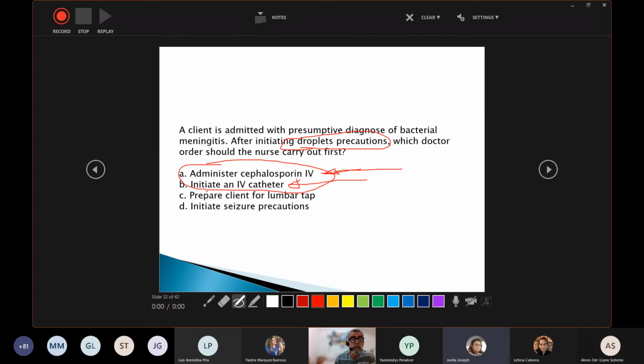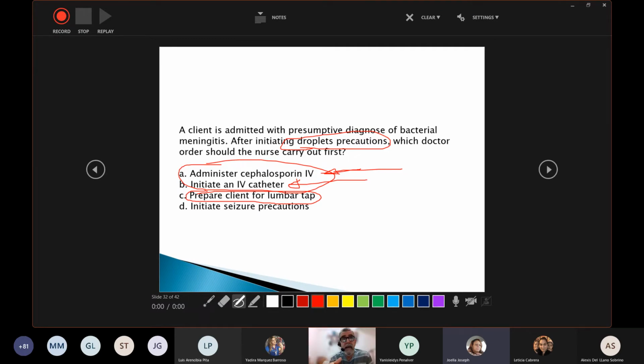How is the culture done? The culture is done through lumbar tap. The specimen is obtained through lumbar tap. The seizure precautions are important, but are a precaution of a risk diagnosis, which is not a priority. The patient could have seizures or not.